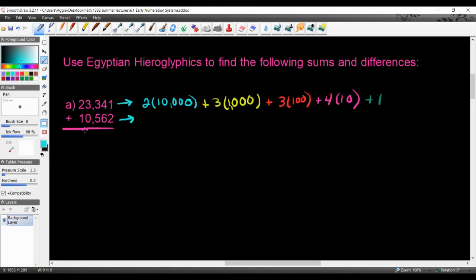So for the second one, we have 10,562. It looks like we start with one of these. So 1 times 10,000, that's the first part, plus 5. Oh, did I do an extra one? Oh no, we're good. Actually it's 500, so that's not going to go there.